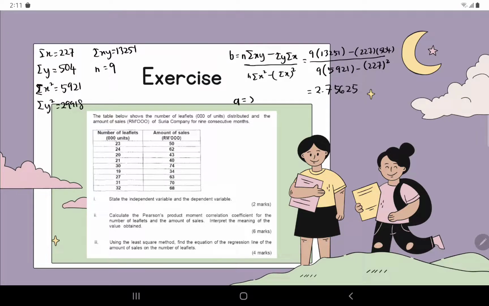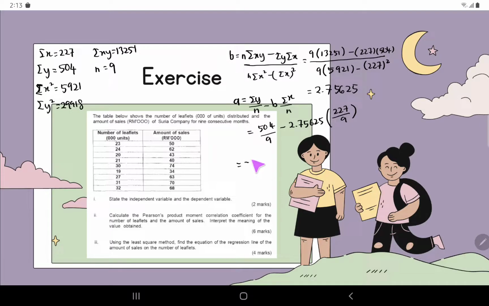Then finding the value of a. The formula is total of y divided by n minus b times total of x divided by n. So our total of y is 504 divided by 9 minus 2.75625 multiplied by total of x divided by 9.